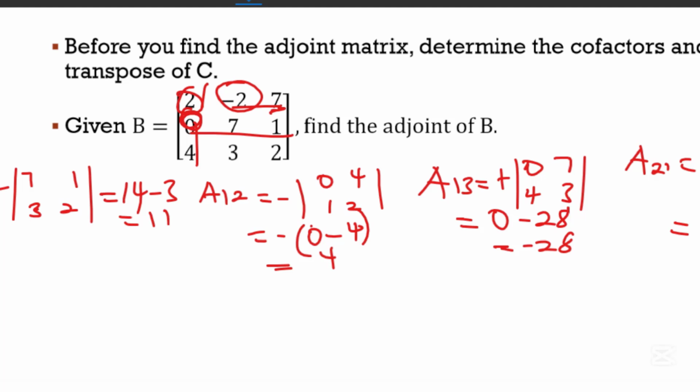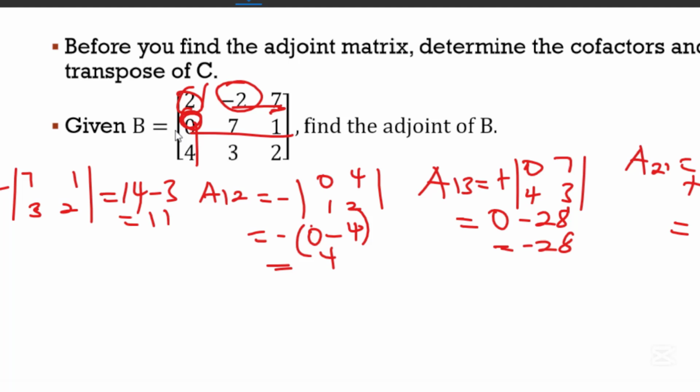This position is plus minus plus minus, sorry, so this one will be minus. So minus into bracket -2 times 2 is -4, 3 times 7 is 21. This one is -25, so this one is +25.